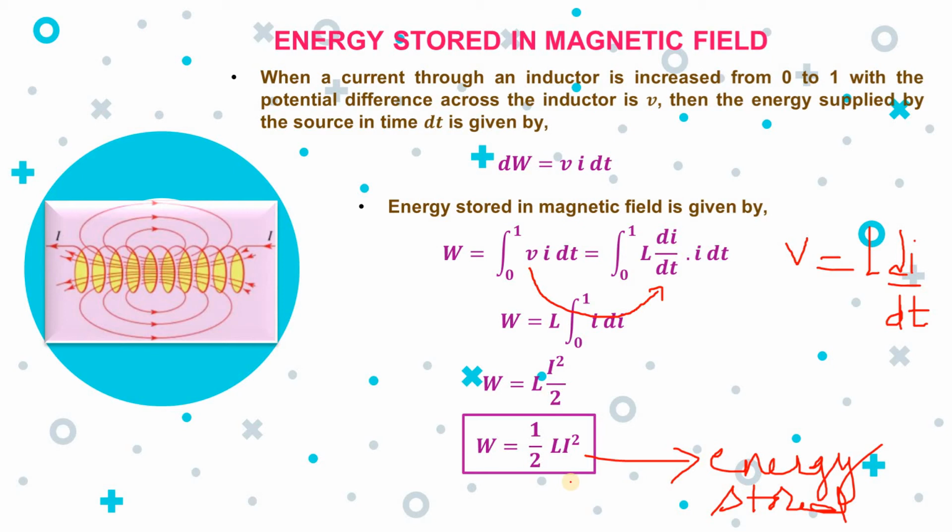Now what is V? According to the self inductance formula, V equals L into di by dt. Substitute that V in that expression, then integrate with respect to i. Finally, your expression for energy stored in magnetic field is W equals half L I square.